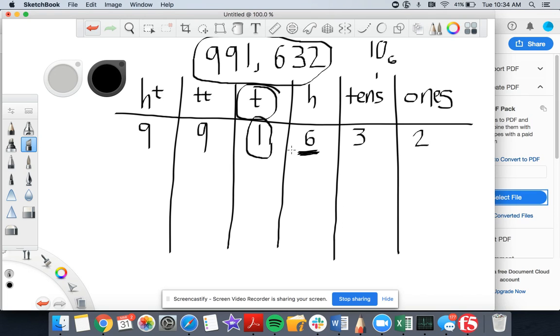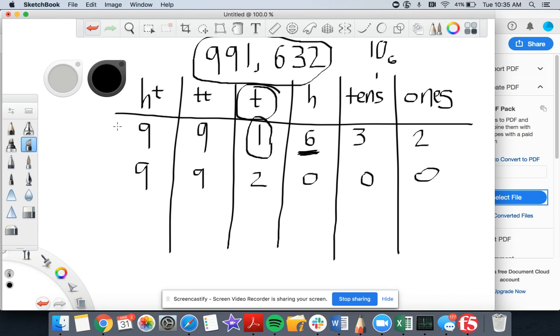So that tells us that this 1 needs to become a 2. So then we would have 992,000. Because then, math stars, you remember that every number after the circled number just becomes a 0.